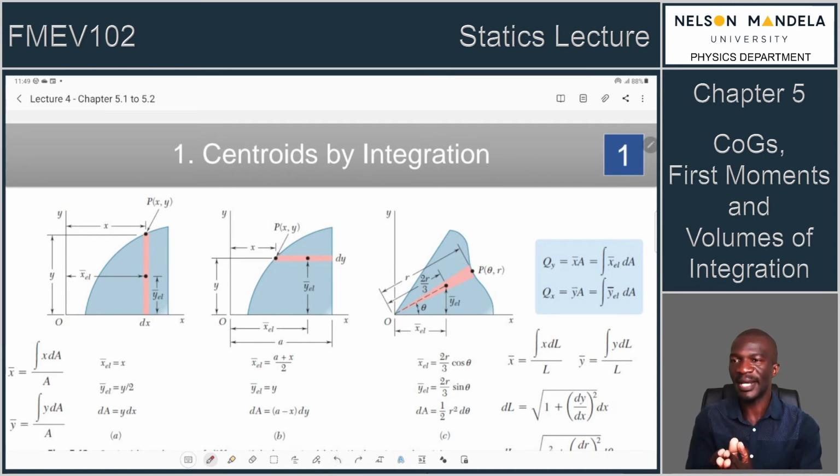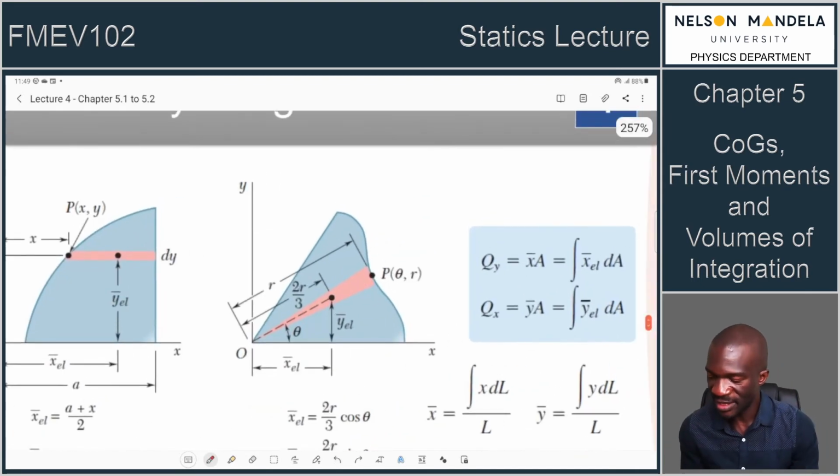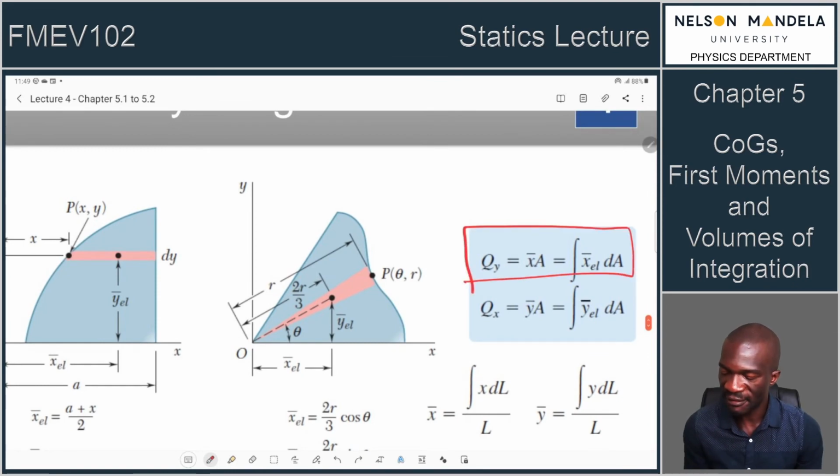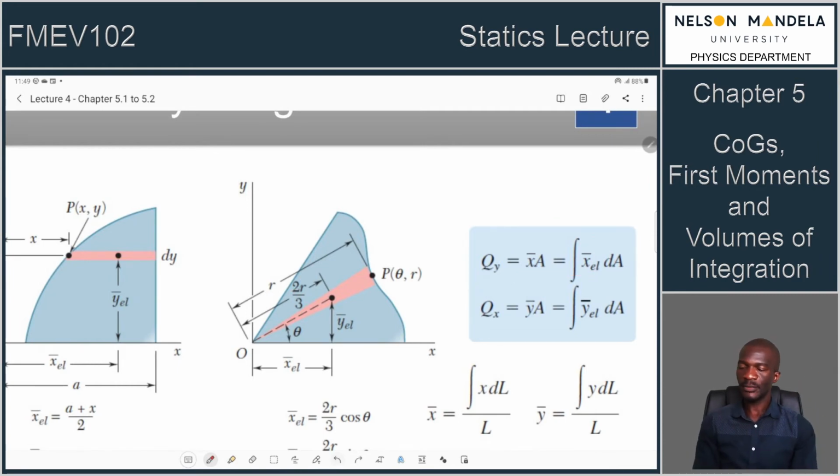If we were to summarize, this method works in the following way. By definition, you have whatever first moment you want to calculate, or the first moment that defines the centroid that you want to calculate. Now that you have it defined, you need to use what is called an integration strip or an area element.